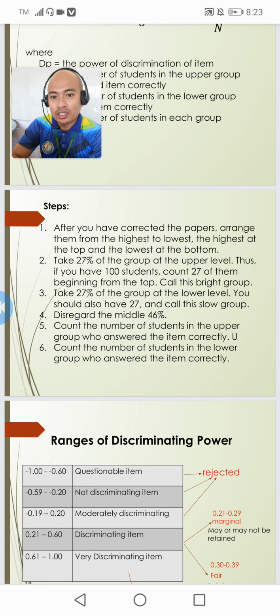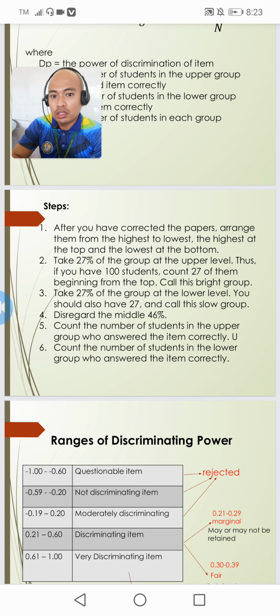In that case, 100 is represented by 100%. So 27% means we are getting 27 members or individuals out of that 100 total number of students. So 27 will be taken on the upper group, on the upper portion.